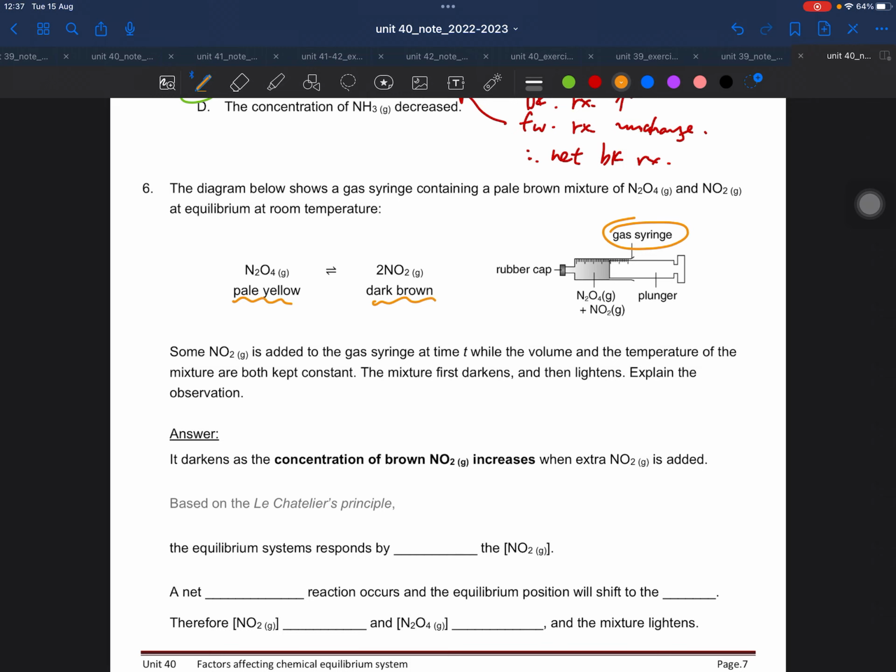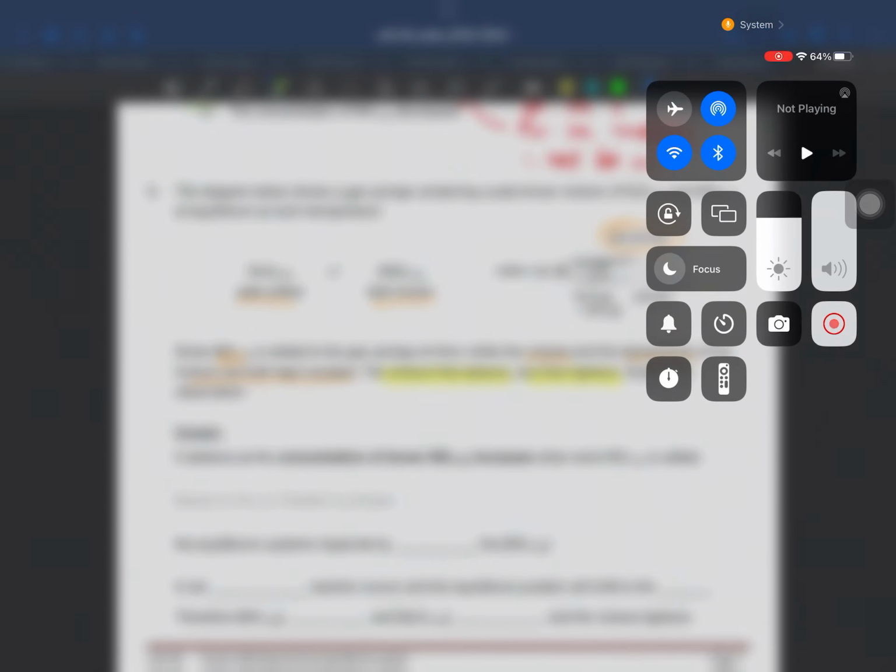Suddenly some NO2 is added to the system. Volume and temperature unchanged. So here is the result. The reaction first darkens and then lightens. Well, this question comes from a public exam. So take a break. I will discuss it in a few minutes.